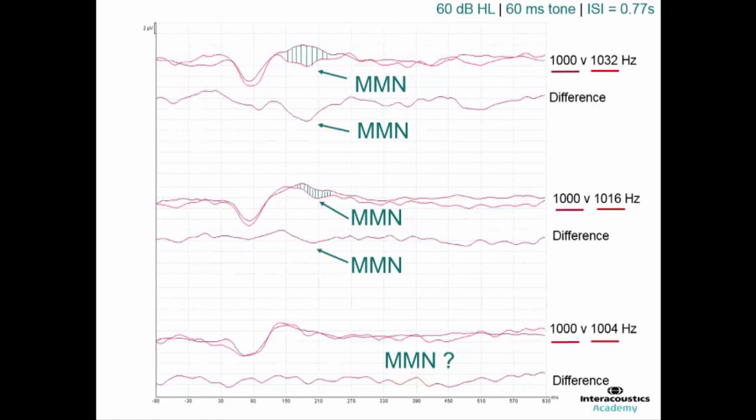And it's also noteworthy that the ALRs are now no longer different to one another either. They almost overlap together, whereas in the other two sets of ALRs up here, there's an amplitude difference where the ALR to the deviant is slightly greater in amplitude.